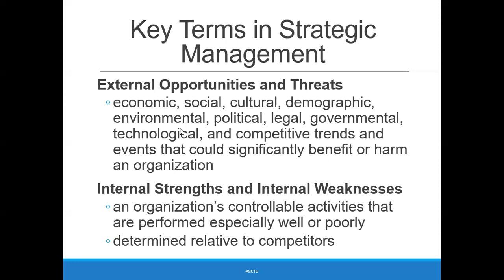Another internal strength that I can think of is having an efficient supply chain system. So those of you that are familiar with Walmart, it has been adjusted over the period to have an efficient supply chain that allows it to keep costs low and also manage its inventory effectively.